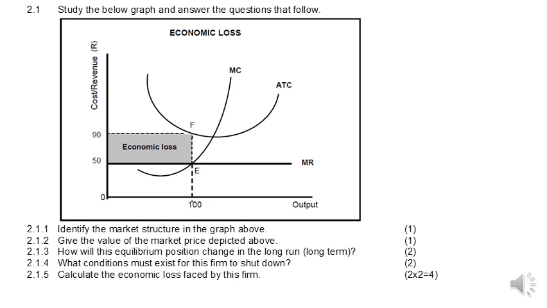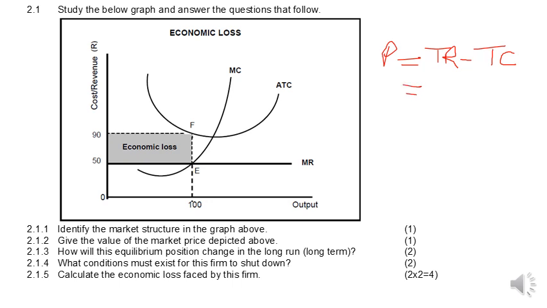Then we look at calculating the economic loss faced by this firm. Very important, the calculations. As you can see, it's 4 marks. So what do we have to do? The profit or loss, excuse my writing again, is equal to your total revenue, the amount of money you receive, minus your total cost.